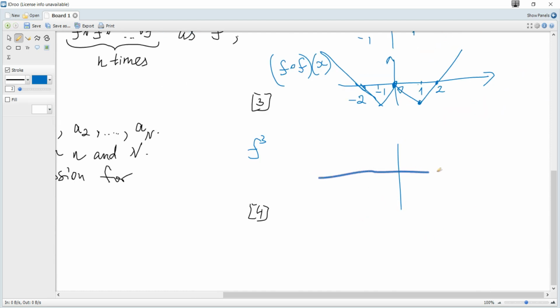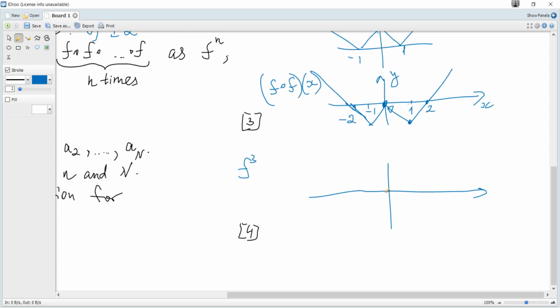So again we need to reflect about the x-axis the negative part of the graph to get the absolute value of f of f, and then 1 unit downward. So it becomes like this firstly.